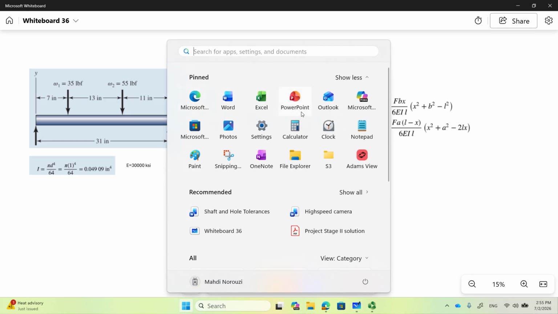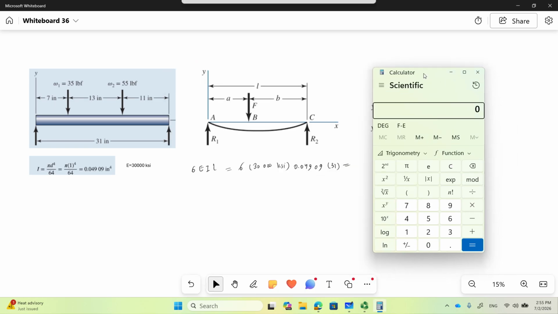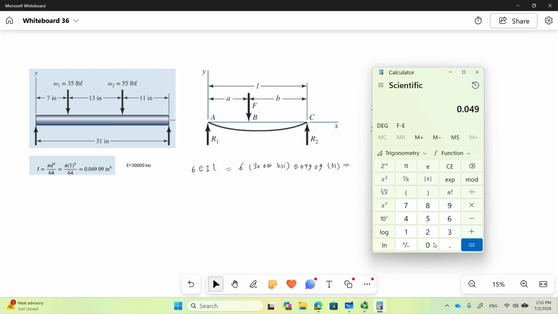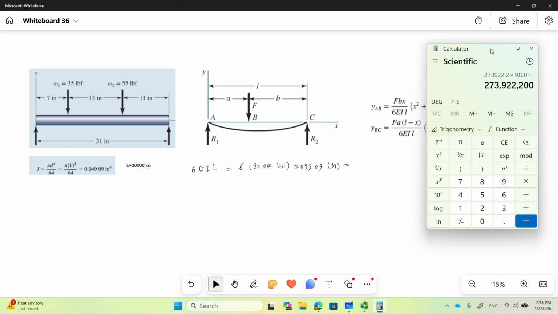That one, let's use the calculator here. So 0.04909 times 31 times 30,000 times 6. Alright, so this is gonna be in psi. Okay, if I want to make this ksi, I should multiply it by 1,000 and divide this guy by 1,000,000.